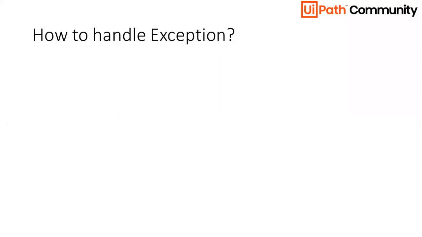Now how do we handle these exceptions? So broadly, all these types of exception have a base class, which is System.Exception. System.Exception is the top-level class in which all these different types of exception usually exist. And if I talk about this entire automation, you're developing an RPA process, you would basically deal with two different types of exception.